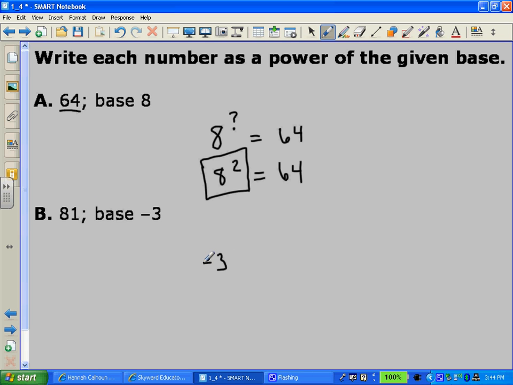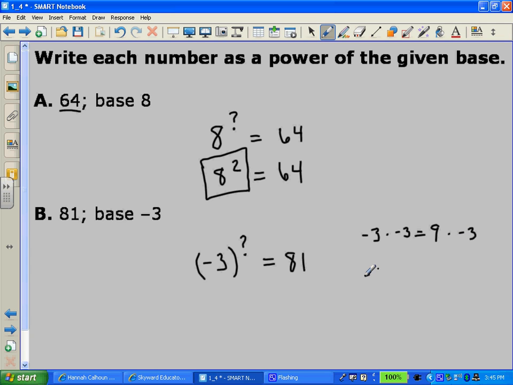So this one asks -3, and we'll put that in parentheses, to what power equals 81? Okay, so again, it's asking how many times do I have to do 3 times 3 times 3 times 3 times 3 times 3, etc. to get to 81. Well, I don't know that off the top of my head, so I'm just going to do a little trial and error here. -3 times -3 is 9. It's not big enough, obviously.